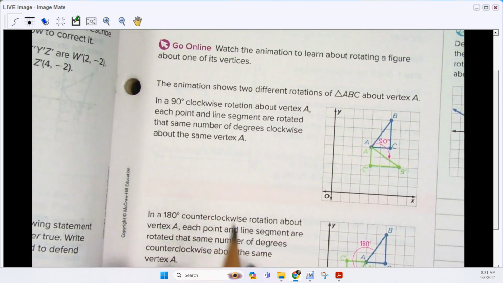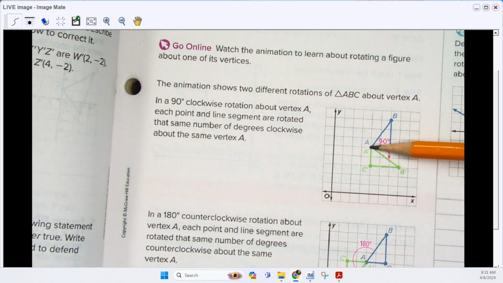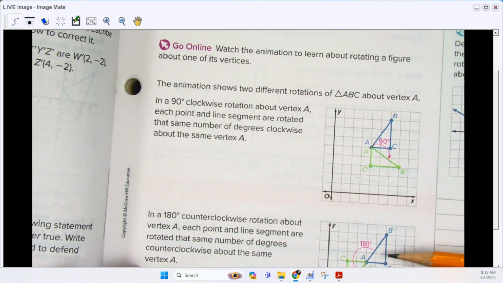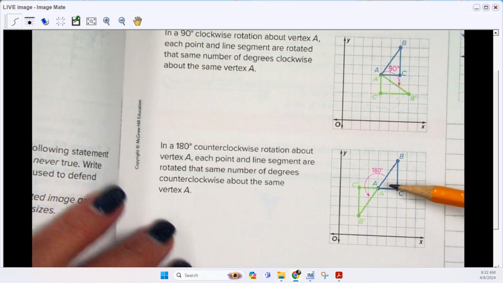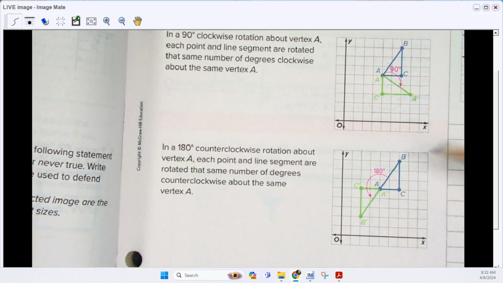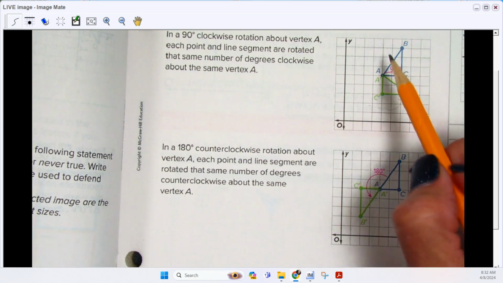If I look at this, this is point A. It is rotating 90 degrees in a clockwise direction. Here they're doing a 180 degrees rotation, which makes a straight line.